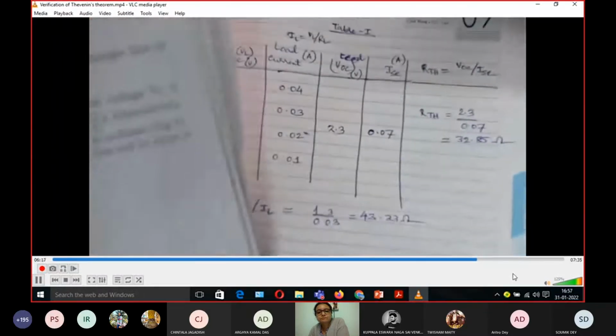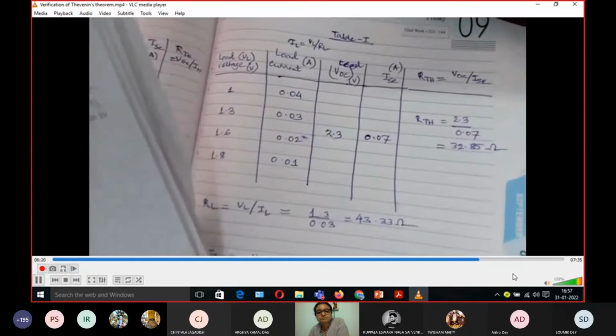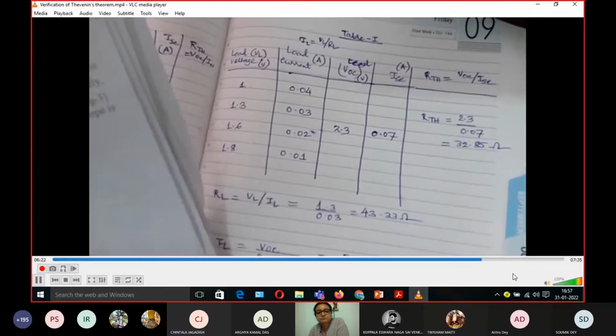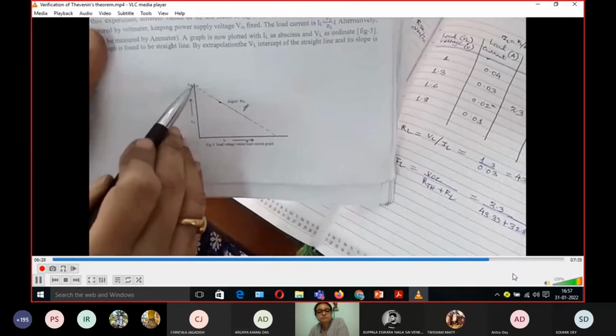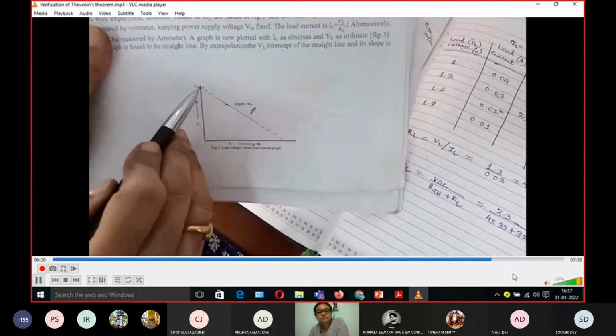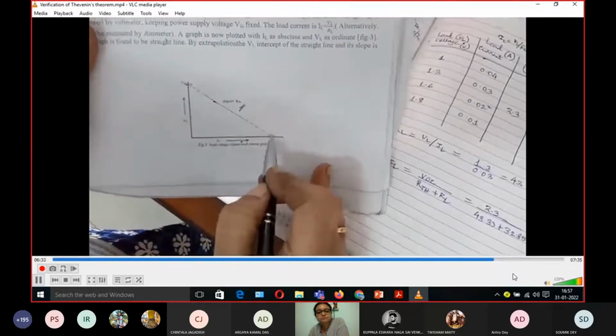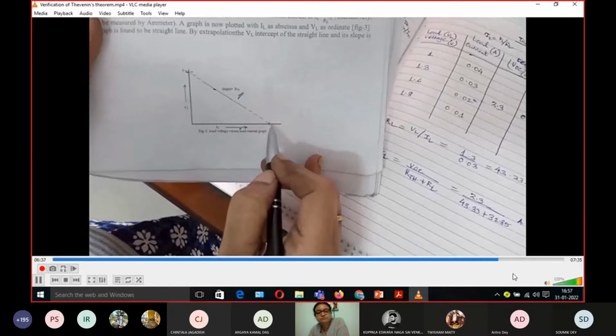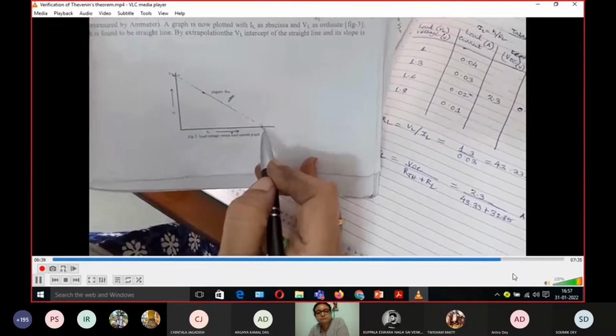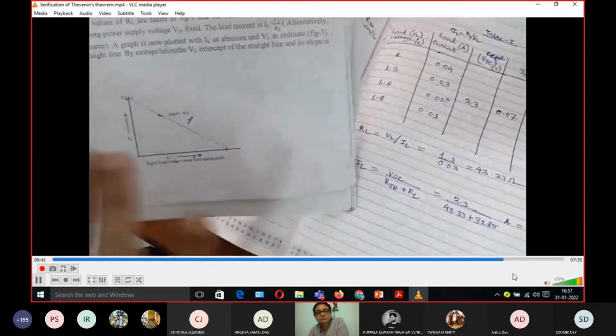Since we have taken 4 data points of VL and IL, you can plot them here, then join and extrapolate. If we extrapolate this side, this corresponds to IL equal to 0, and this will obviously be VOC. And at this point, VL equal to 0, this is nothing but your ISC. So you will get these 2 points graphically.